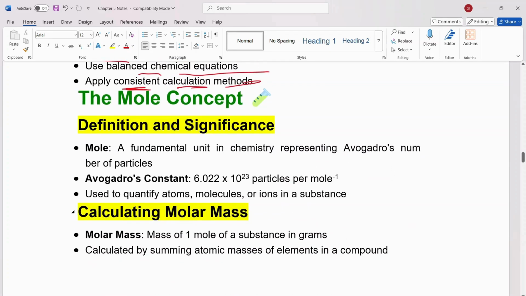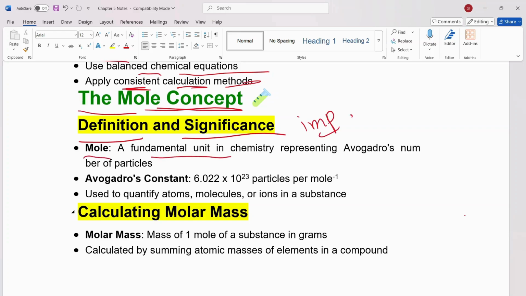Now, let's talk about mole concept in detail. Definition and significance, important to learn. So, mole, a fundamental unit in chemistry representing Avogadro's number of particles.